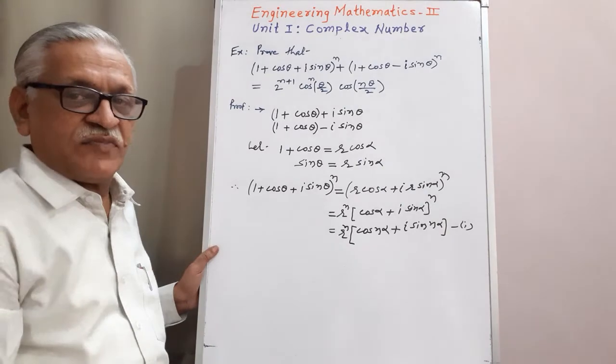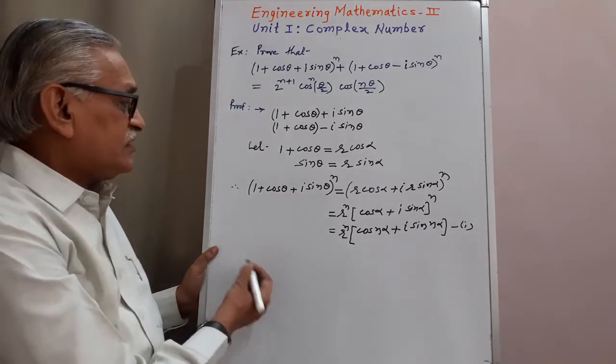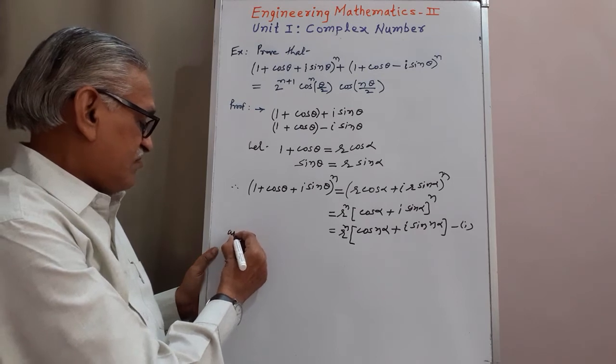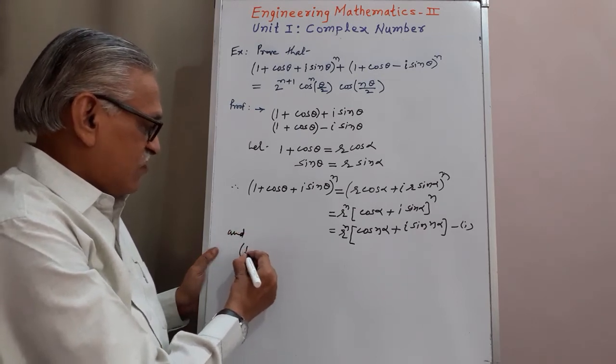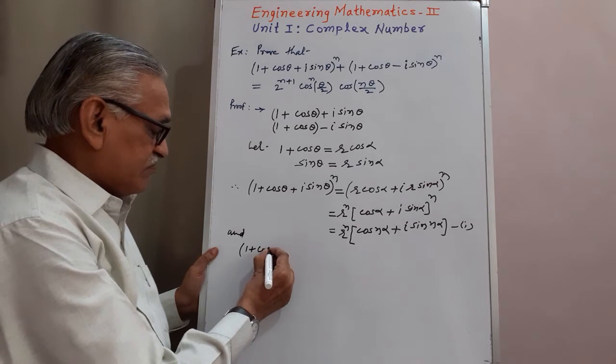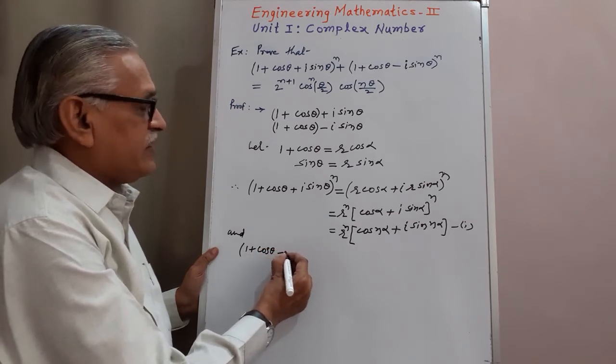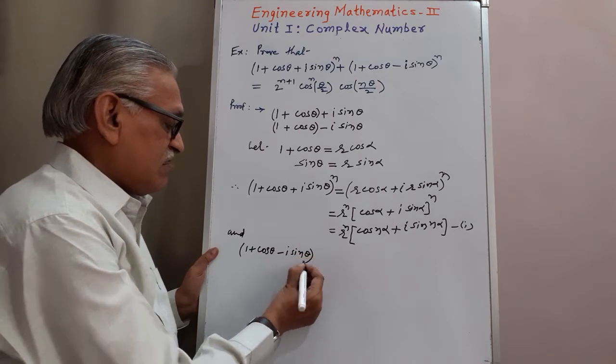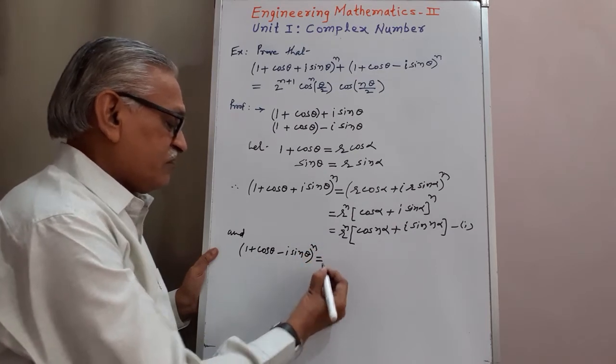Then the second result, (1 + cos θ − i sin θ)^n.